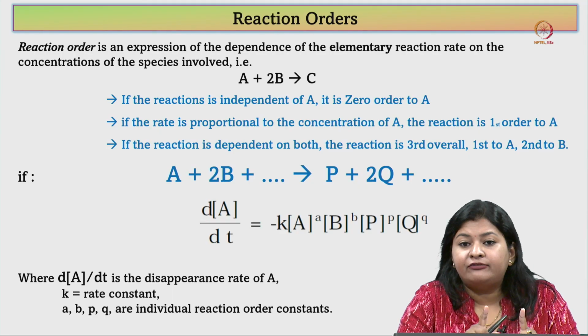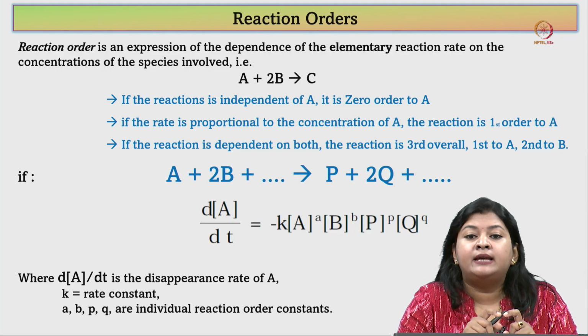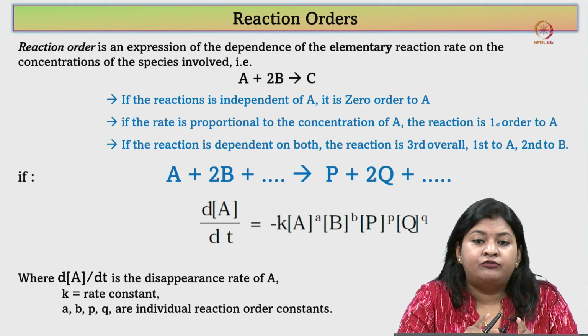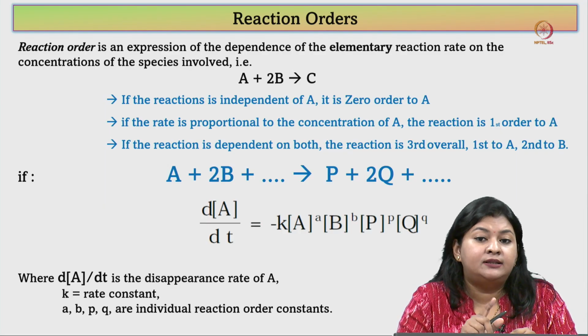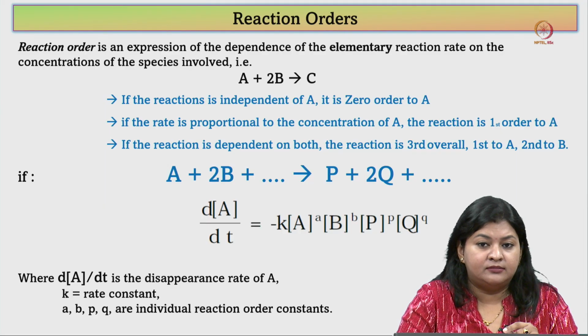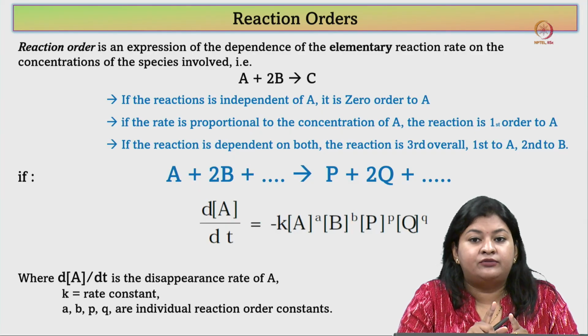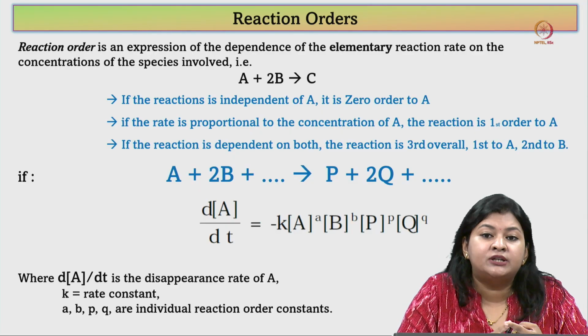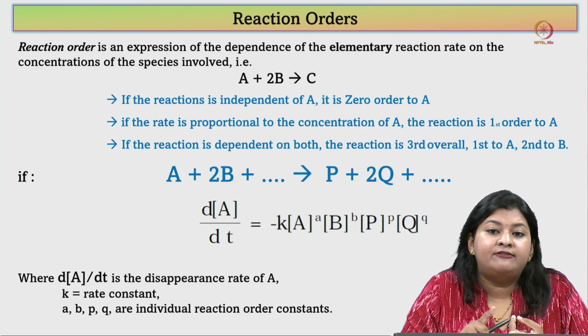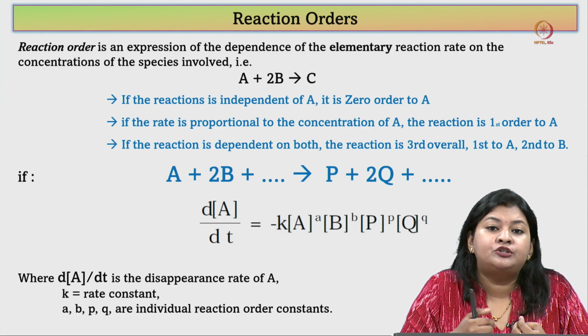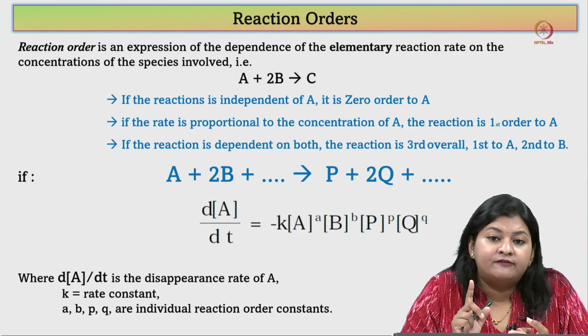If my reaction rate for A increases exponentially rather than proportionally, again think about the difference. If it is increasing proportionally, then it is first order.